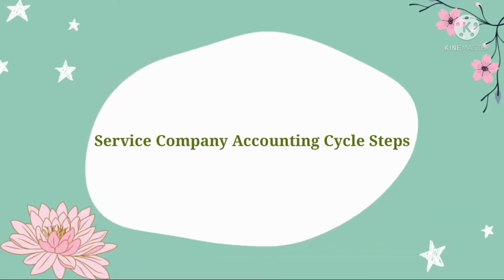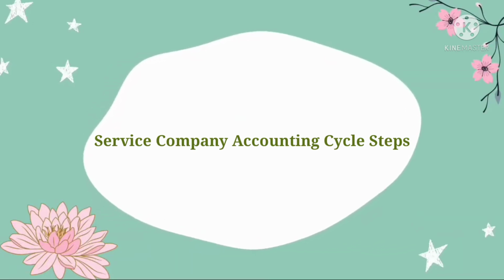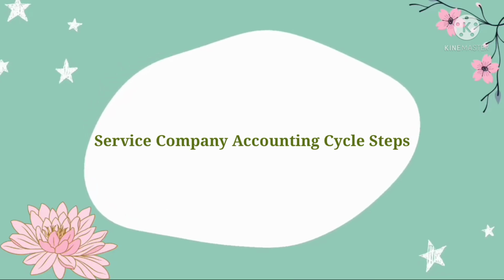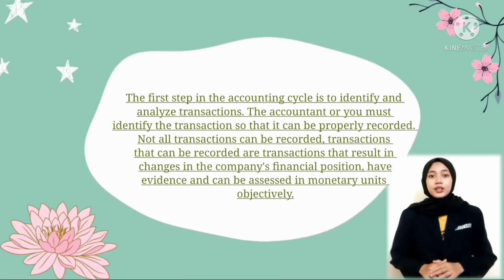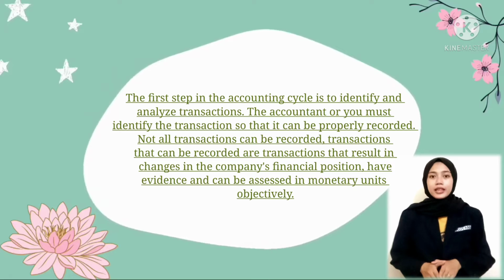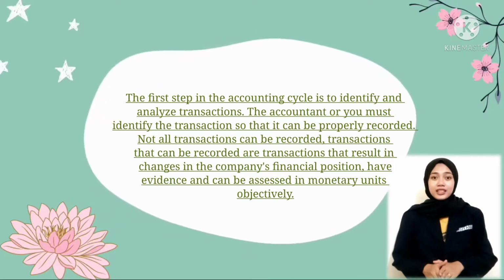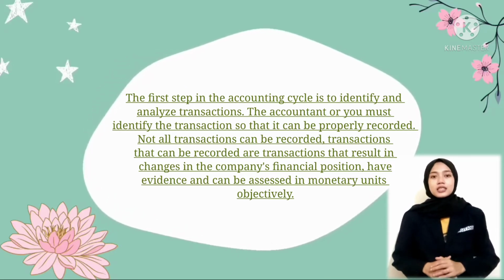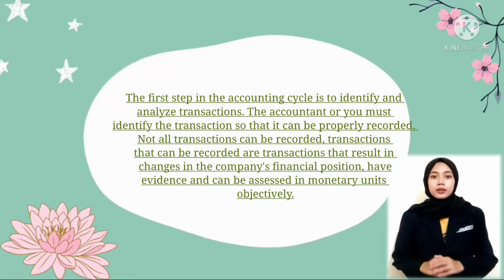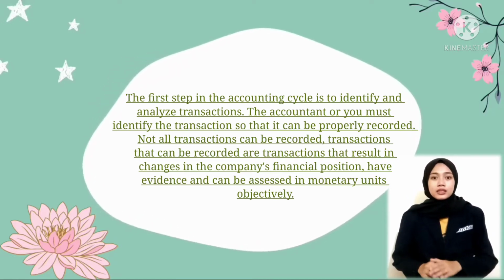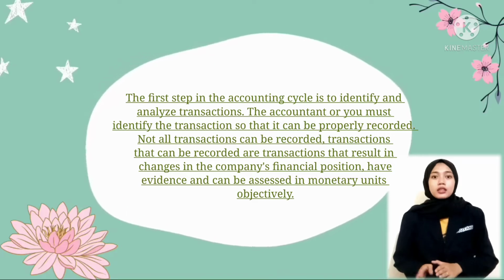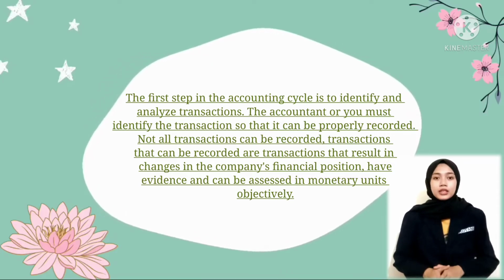The next material is the steps of the service company's accounting cycle. The first step in the accounting cycle is to identify and analyze transactions. The accountant must identify the transaction so that it can be properly recorded.